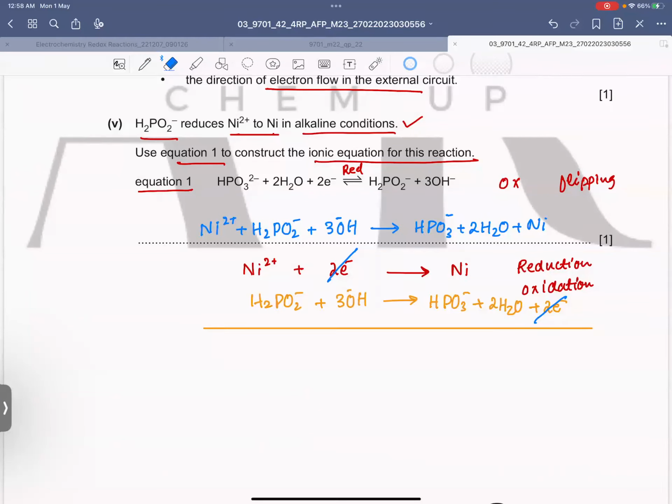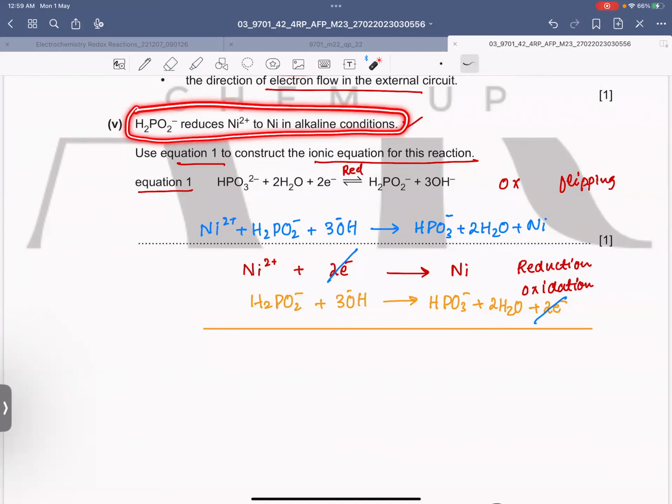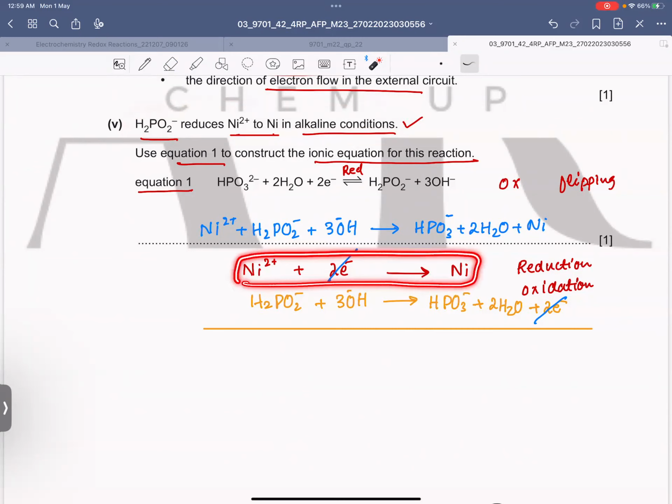Sir, why haven't we flipped the nickel equation? Why haven't I flipped the nickel equation? Because if you read this statement, it is telling you that nickel is being reduced, right? So in this equation, the forward reaction is a reduction or oxidation? Reduction.